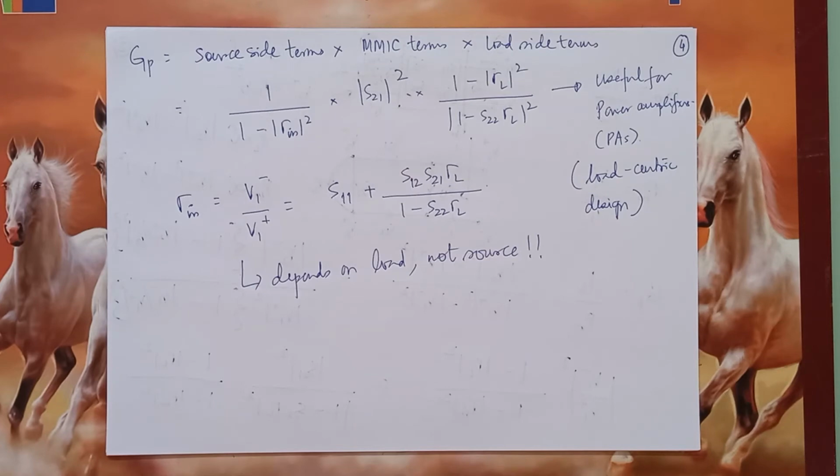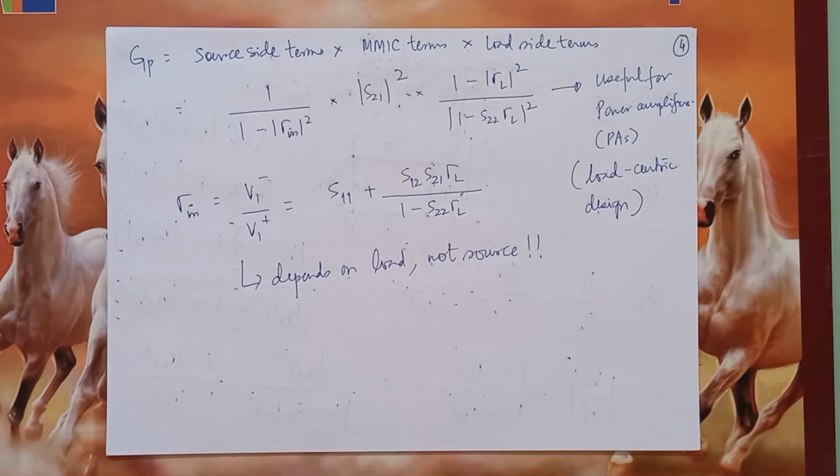So therefore, for low noise amplifiers, the source side is more important, as the load side is usually a matched load. There could also be a gain parameter where both source and load are important, both source side and load side.